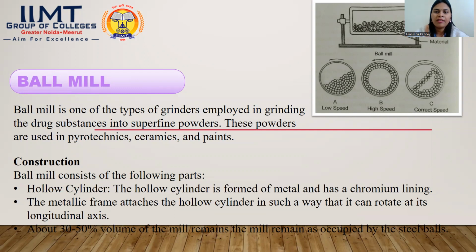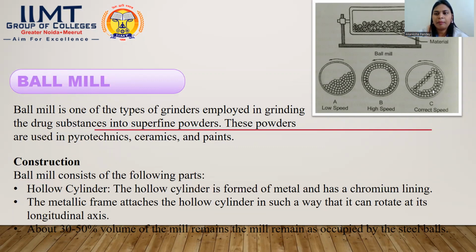In the case of high speed, it works as centrifugation. The whole particle gets stuck to the walls, and a centrifugation-like procedure happens. Here also there is very little expectation of getting fine particles. But at the correct speed, the particles and metal balls go up like this and fall down.